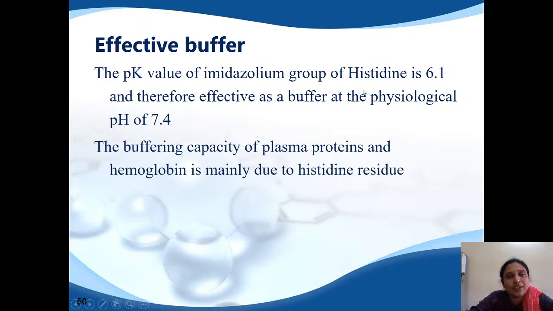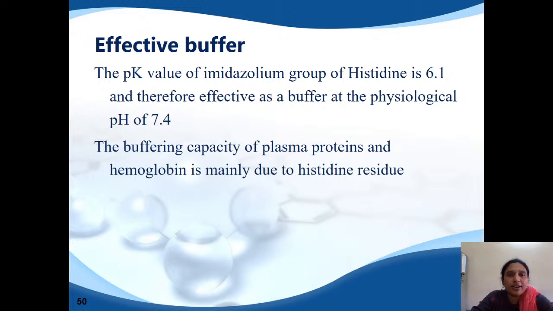The pK value of the imidazole functional group of histidine is 6.1, and therefore it is effective as a buffer at the physiological pH of 7.4. Please note down that the buffering capacity of hemoglobin is mainly because of the presence of histidine residues.